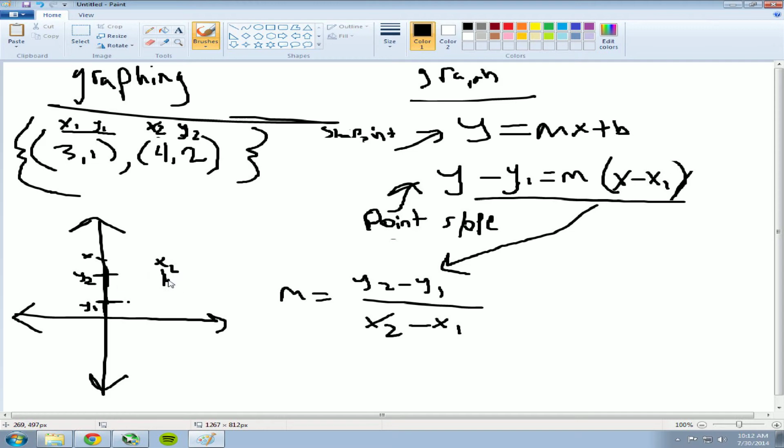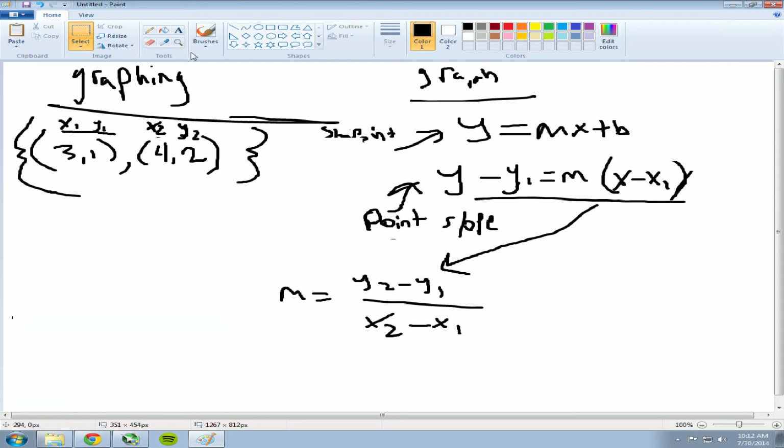So in order to get to this point right here from here, you have to change y and change x to get there, which is what the slope says.